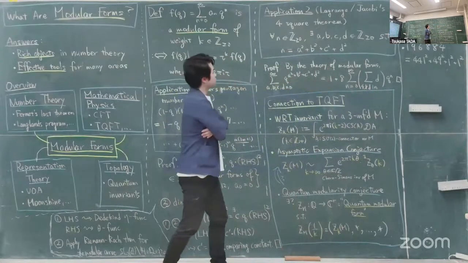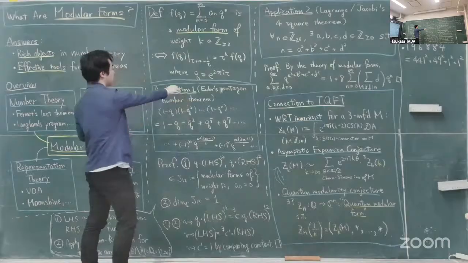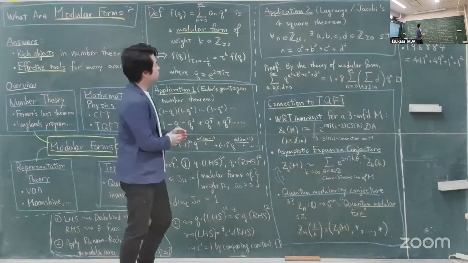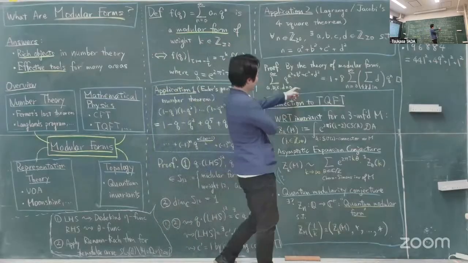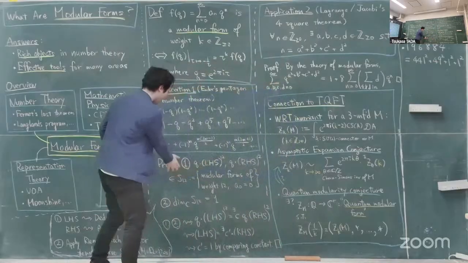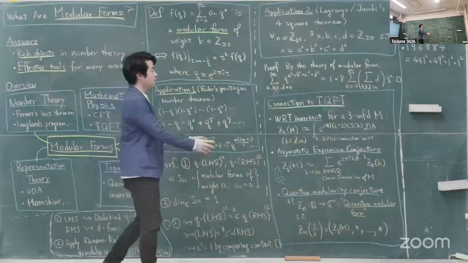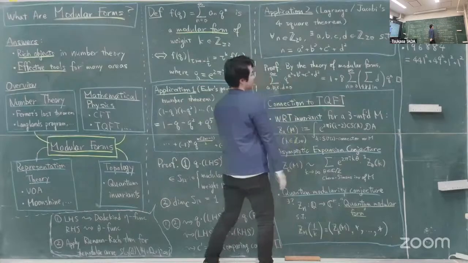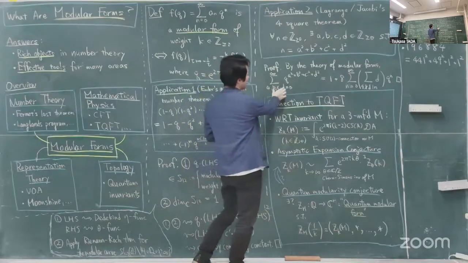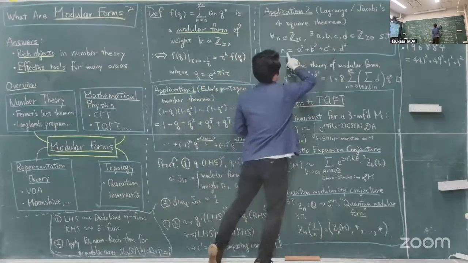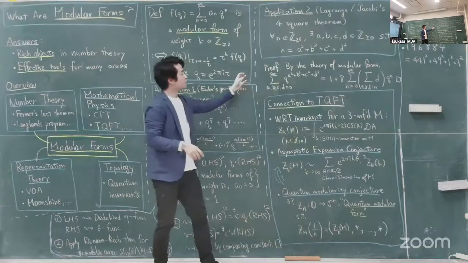In fact, the left-hand side and right-hand side are both modular forms of weight 2. And so by almost the same argument, you obtain this equality. In the left-hand side, the coefficient of q to the n equals the number of such representations.